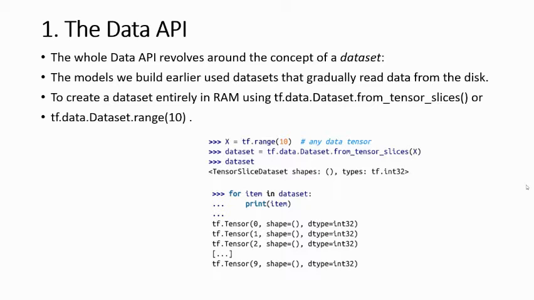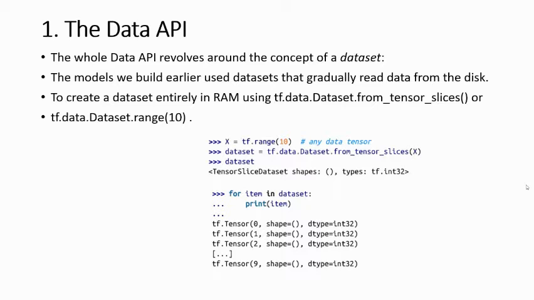Now, if you want to create the dataset on your own, entirely in the RAM, the memory in which you are working, you can do that using functions or methods provided by TensorFlow.